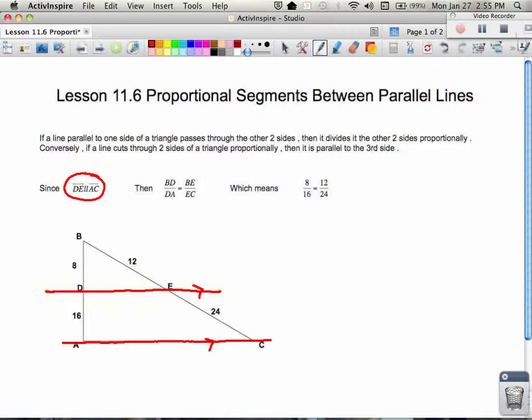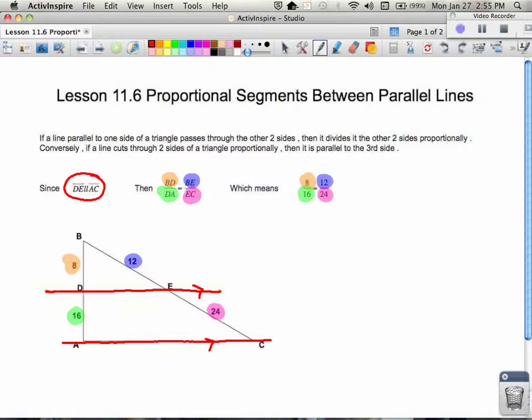Then I know that the comparison of 8, which is called BD, compared to 16, which is called DA, should be the exact same comparison as 12, which we know is DE, compared to 24, which we know is EC. And those comparisons are all 1:2 ratios.